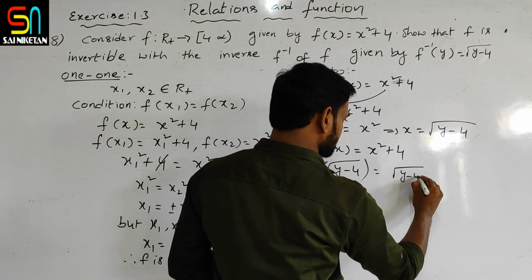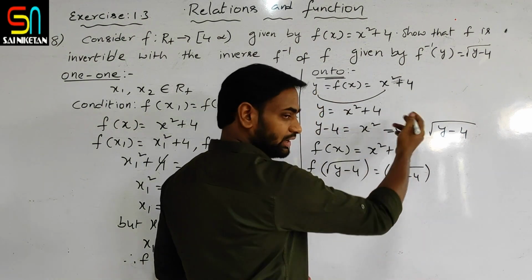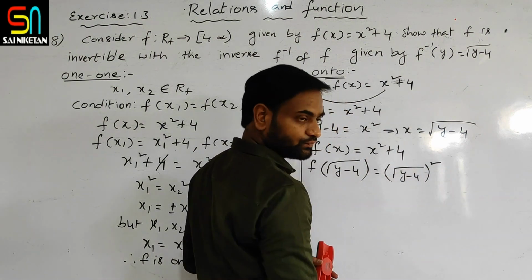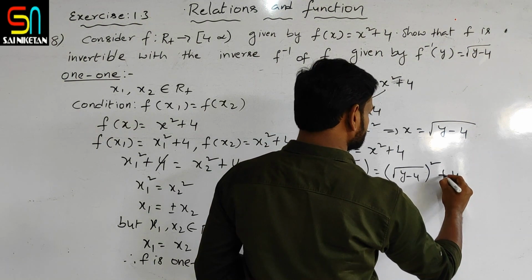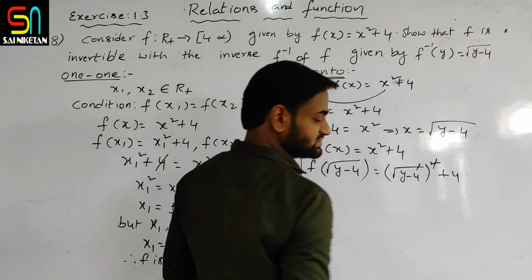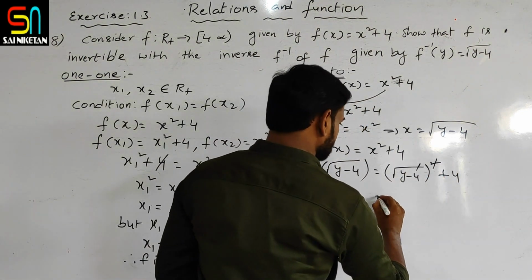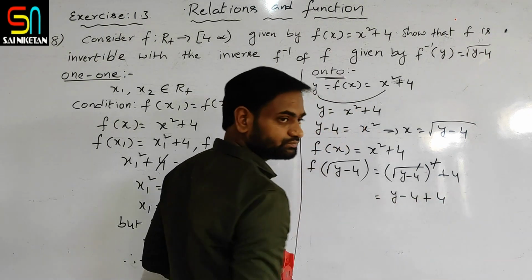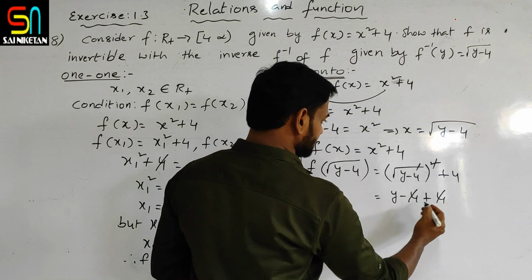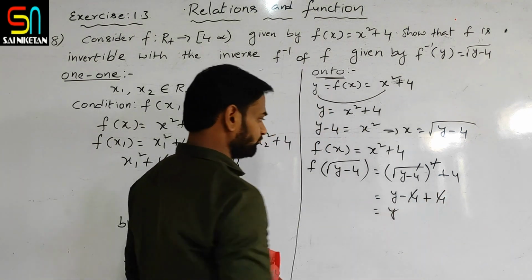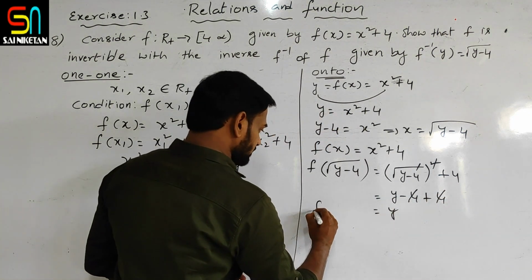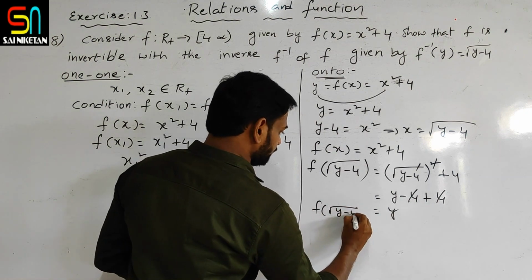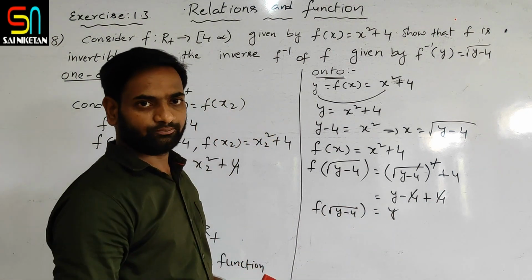Root of y minus 4 is squared, that's why square plus 4. Now the square and root cancel. What is remaining here? y minus 4 plus 4. Now 4 gets cancelled. Remaining is y. f of root of y minus 4 equals y.